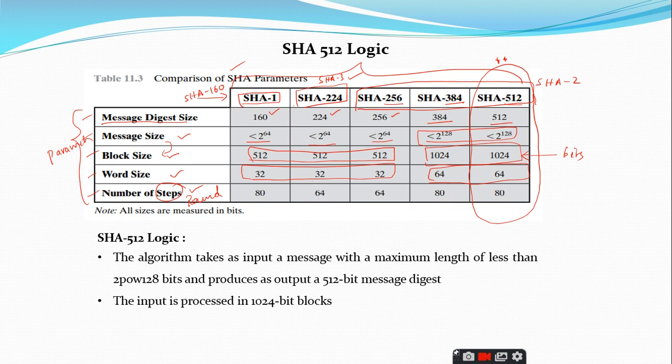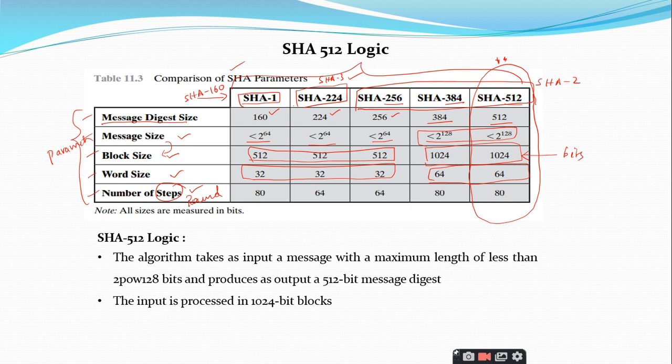Maybe 10 rounds, or 80 rounds, like this. In a similar fashion, the hash function we are going to discuss here, that is SHA, is also going to be performed iteratively. We are going to perform a number of rounds.